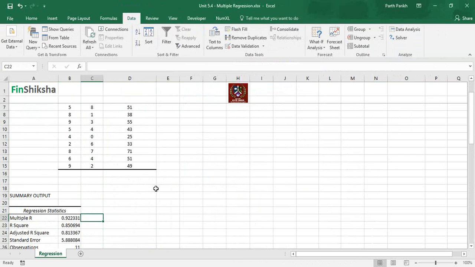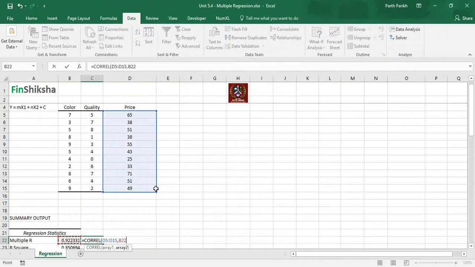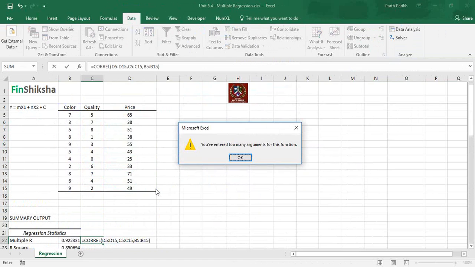We can still try correlation. Our array 1 is this, our array 2 is over here, and our array 3 is, because we have three data sets, it says too many arguments. Remember this, correlation, which is a standard formula given by Excel, can take only two series, so it's a linear correlation.